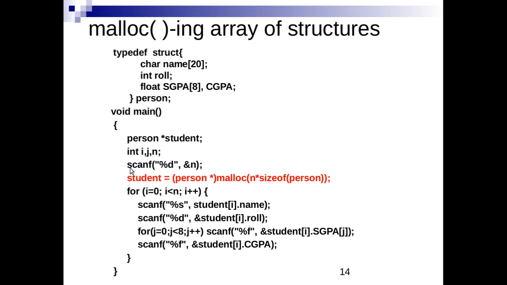Then you read the number of students through the scanf function. You use malloc to reserve enough memory to store the information about n students, that is, enough memory to store n variables of type person, n times sizeof(person) many bytes, and then after suitable typecast, a pointer to the first of that block of memory is assigned to student.